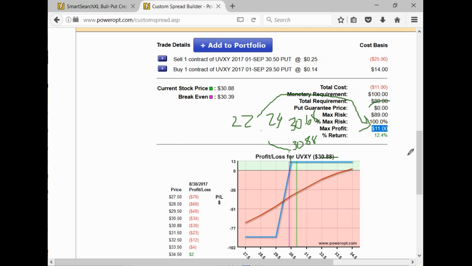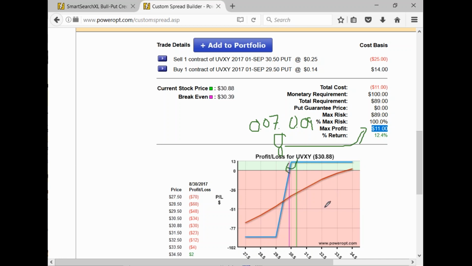Okay? Now, let's say that the stock stayed at 30.88, and it's a 0.07 bid and a 9-cent ask on Friday of expiration, and we're thinking 8 cents of midpoint. Okay, so now we can close for a profit before expiration if we're worried about it dropping below 30.50. Kind of along the previous discussion we had with Bijan.